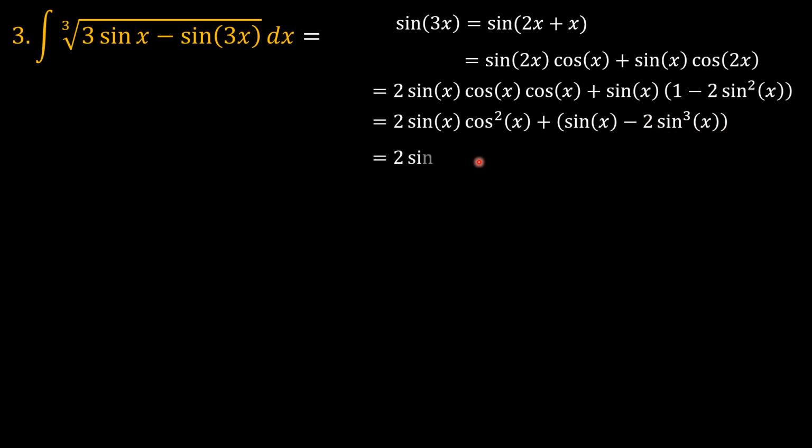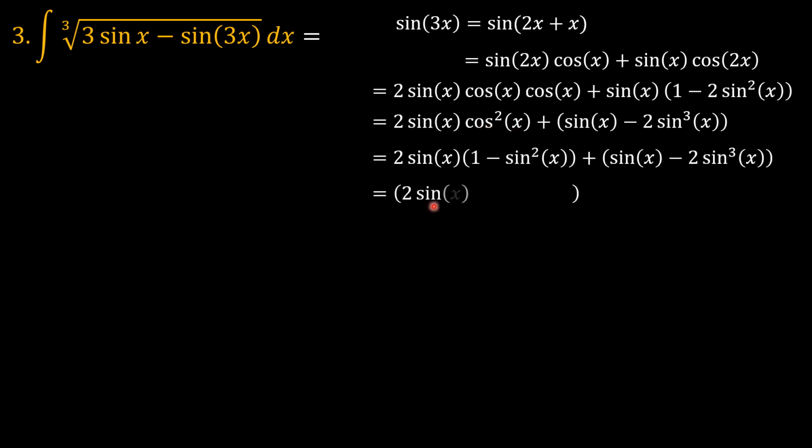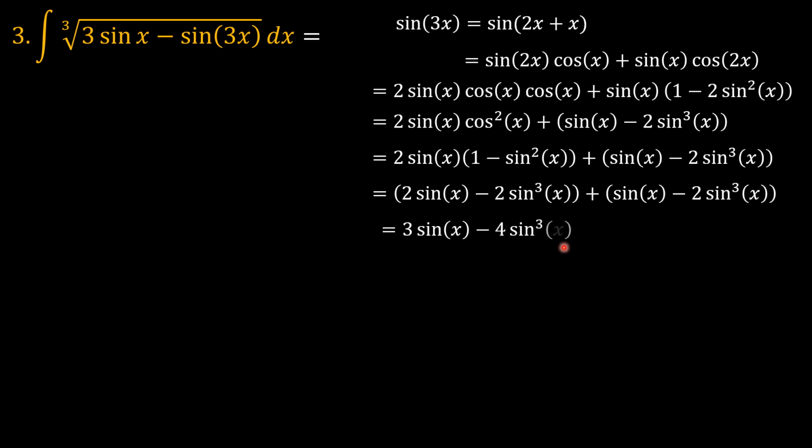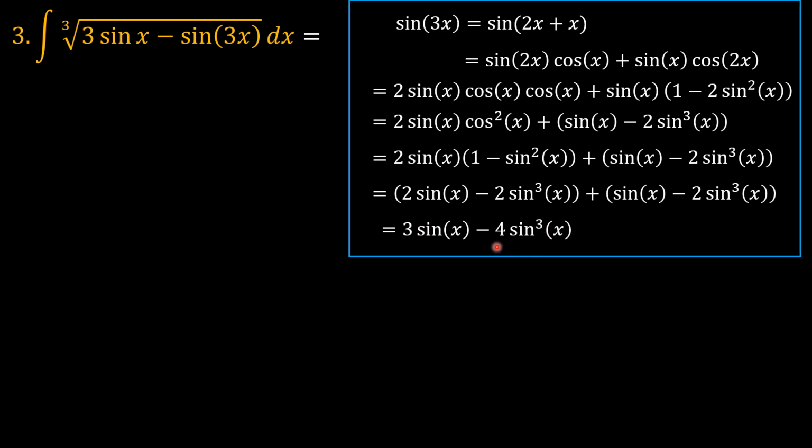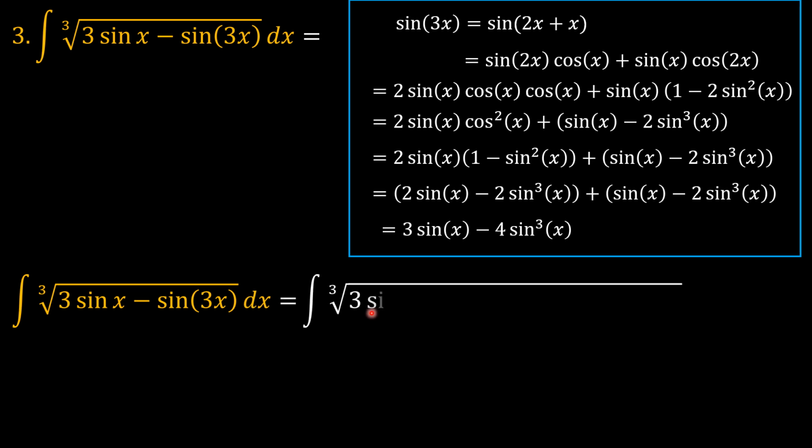And so the 1 minus sine x here becomes 2 sine x minus 2 sine cubed x, and then bunching up with what we have here, sine 2x plus sine x becomes sine 3x, 3 sine x, sorry, minus 4 sine cubed x. So plugging this into our integrand, all of a sudden we have the integral of the cube root of 3 sine x minus sine 3x, which is the same as 3 sine x minus 3 sine x minus 4 sine cubed x.